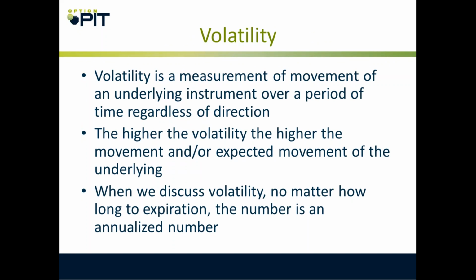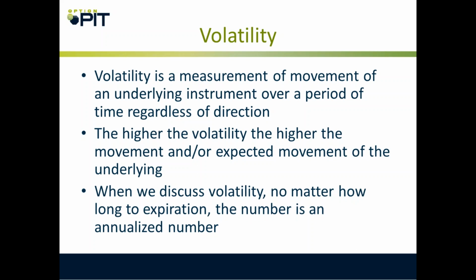When I discuss volatility, especially within options trading, I am always talking about the number as an annualized number. So if I pull up Apple volatility and it says Apple volatility is 18, that is an annualized number.